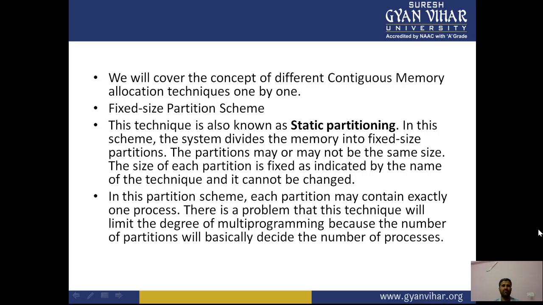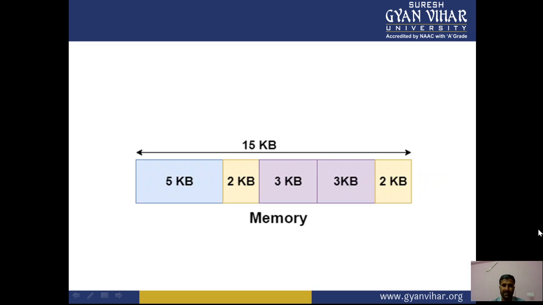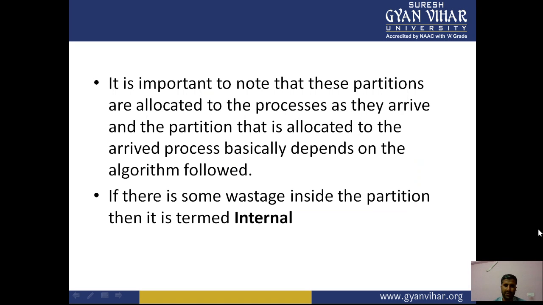We have already discussed that this technique is also known as static partitioning. In this scheme, the system divides the memory into fixed size partitions, right? So this is all about static partitioning. In this example, if we have a process that only requires 2 KB of space, then we can allocate a 2 KB partition for it.